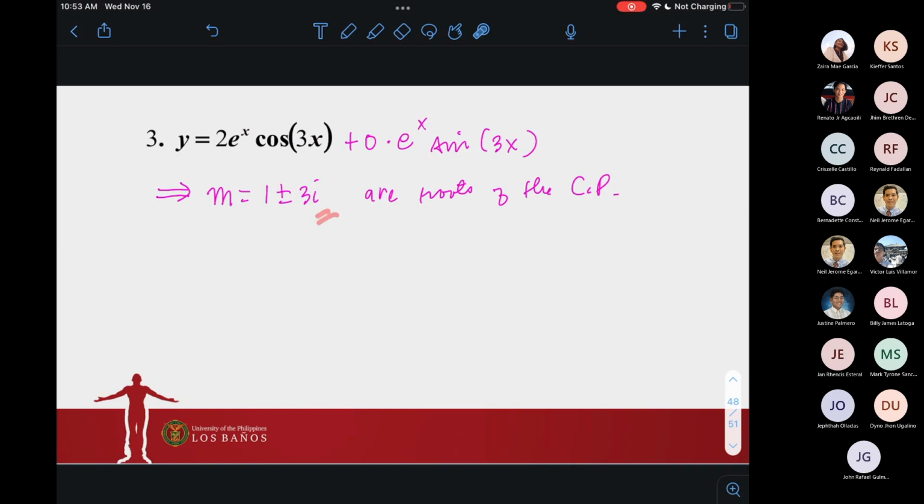Then just don't forget the complex imaginary unit. Okay? So, ibig sabihin, ang characteristic polynomial natin, ang itsura ay m minus 1 plus 3i at saka m minus 1 minus 3i. Ito yung ating characteristic polynomial of the least degree.